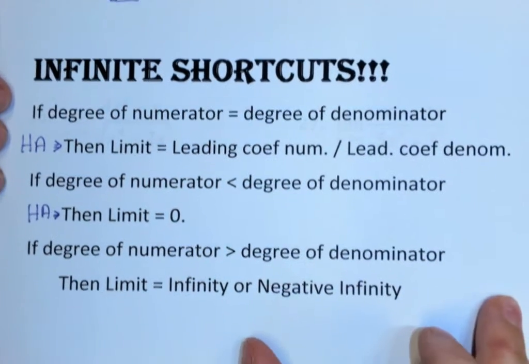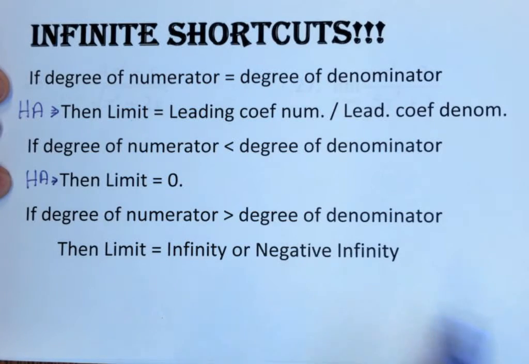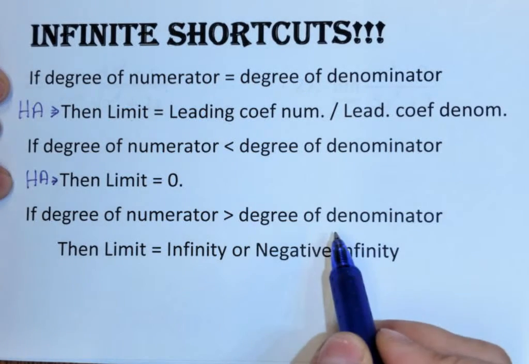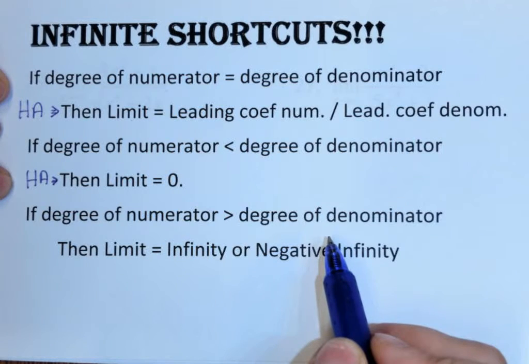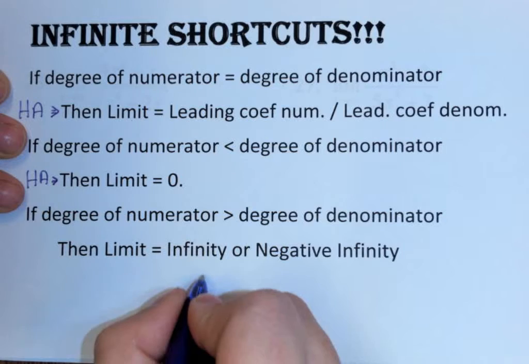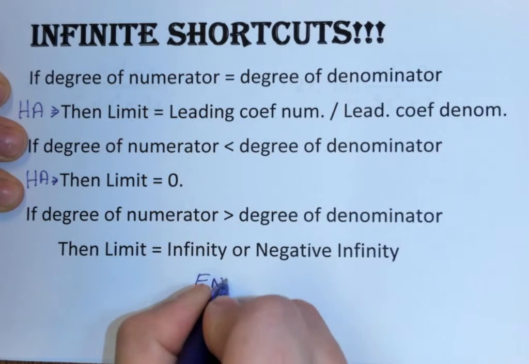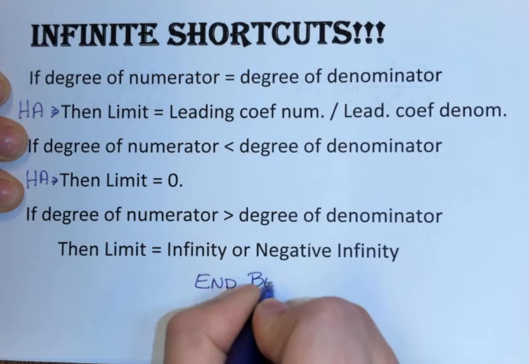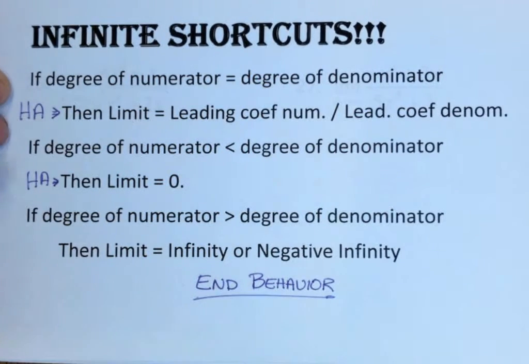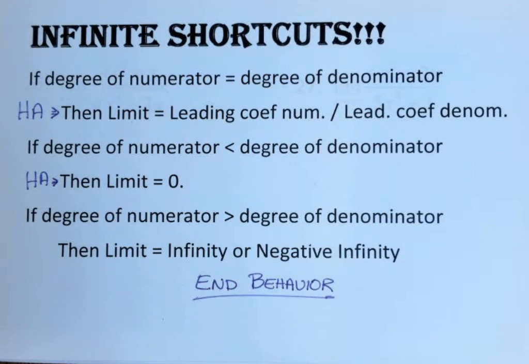It's 0. So the only ones you really need to think about, just like we did on the regular graphs, is if the top is actually bigger than the bottom when we're talking about degrees. Then the limit is going to be either infinity or negative infinity, and that's just using your end behavior. That's it.